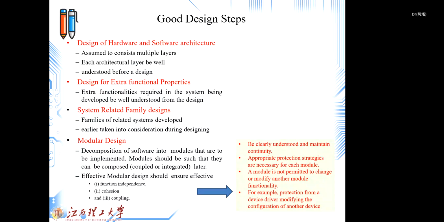Next is modular design, in which we will do the decomposition of software into modules that are to be implemented, and modules should be such that they can be composed or integrated later.